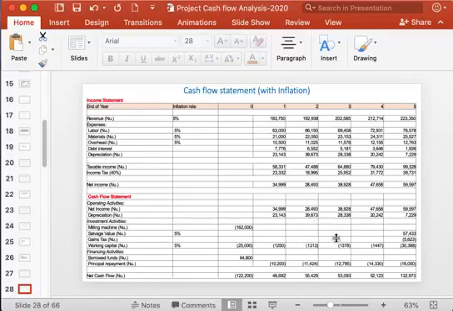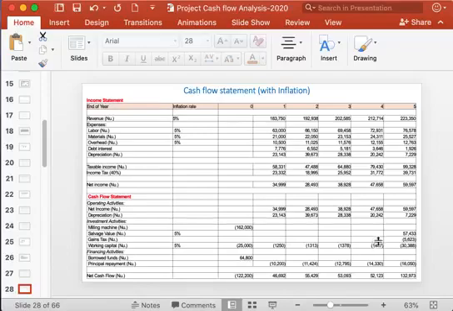That will be recovered in the third year, and similarly in the third year the working capital will increase by 5%, which is this one, and this will be recovered in the fourth year.